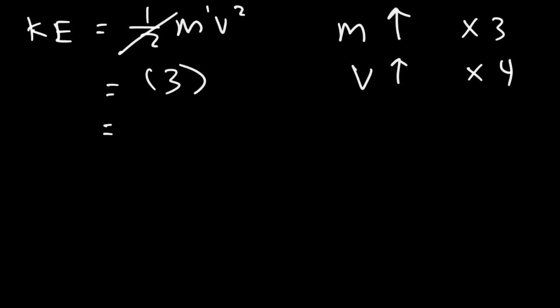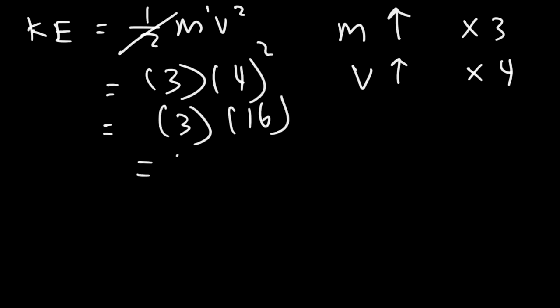We're going to triple the mass, quadruple the speed. 4 squared is 16. 3 times 16 is 48. So the kinetic energy will increase by a factor of 48. That's a typical question that you might see on a physics exam, and that's how you can answer it. At least that's a shortcut method of answering those types of problems.